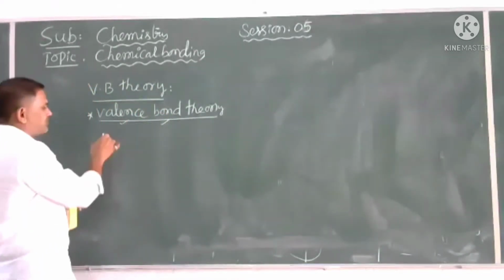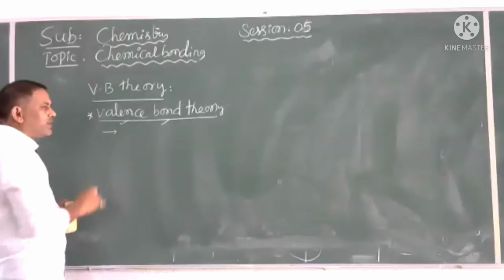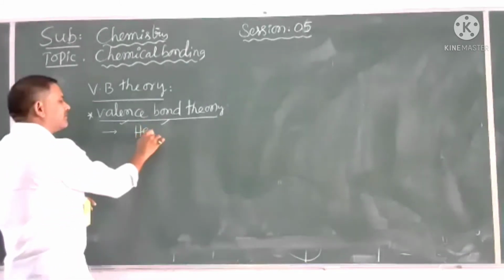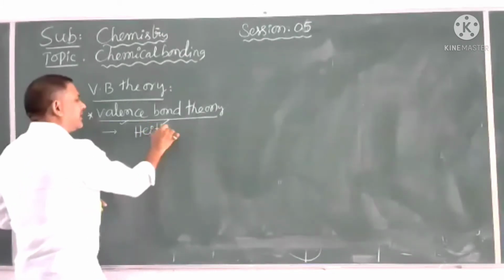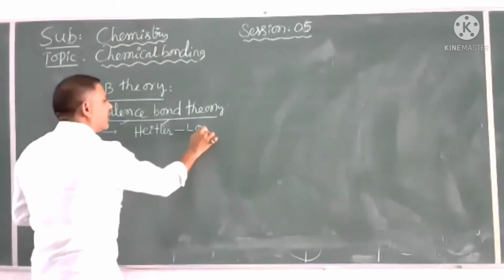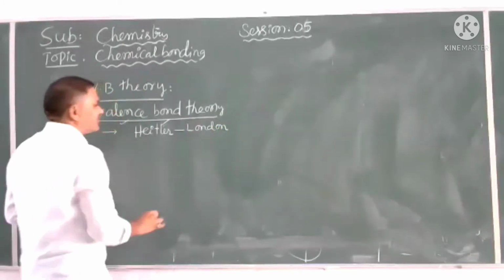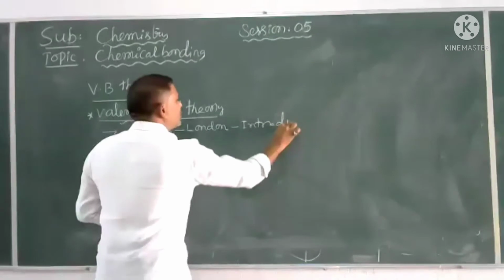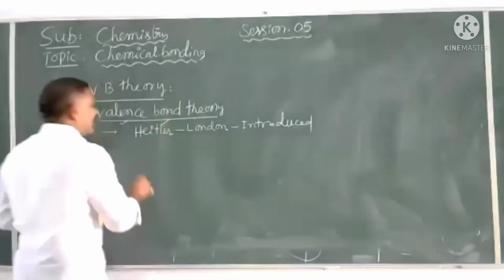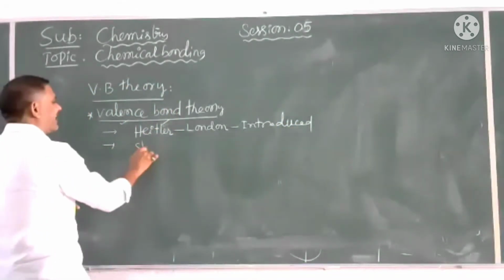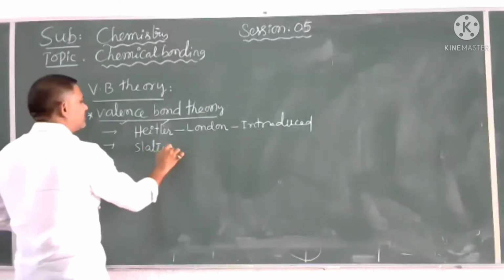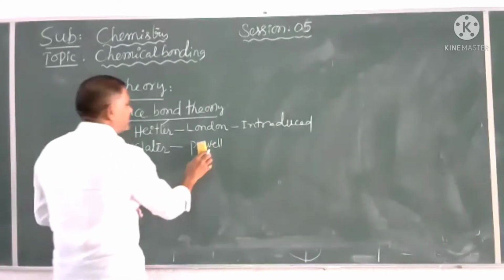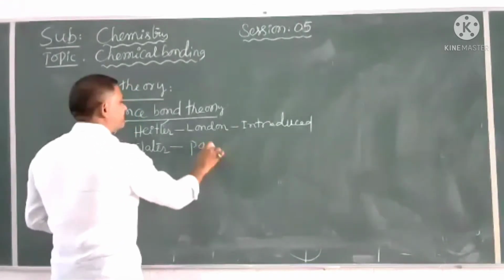To explain this, first it was explained by Heitler and London. Heitler and London introduced one of the most important concepts. Later it was developed by Slater and Pauling.